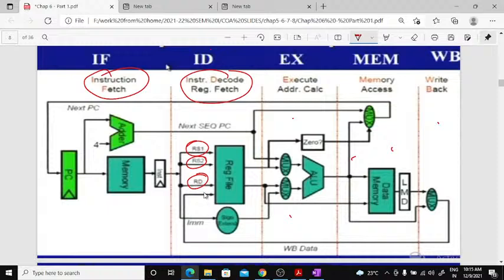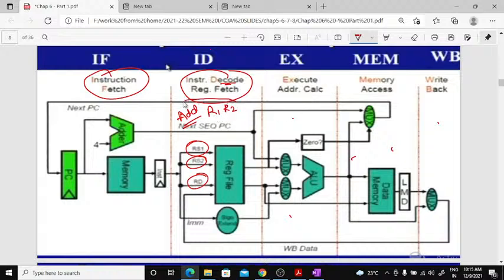It also performs the decoding operation. Suppose we have an add instruction: it performs the addition of, say, register R1 and register R2, and stores the result in the destination register.